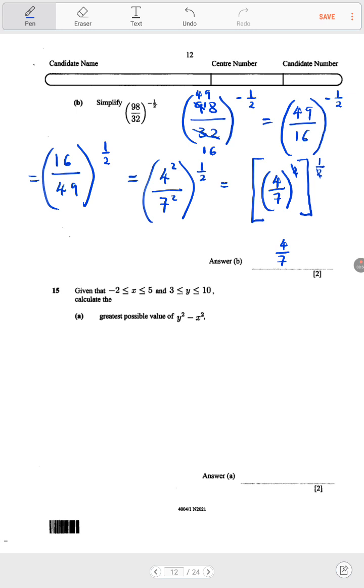So what you need to do to get the greatest possible value, you use the lowest digit you can find on the x range.